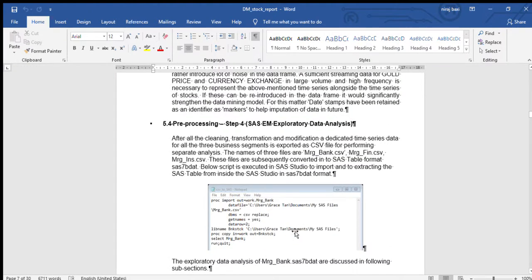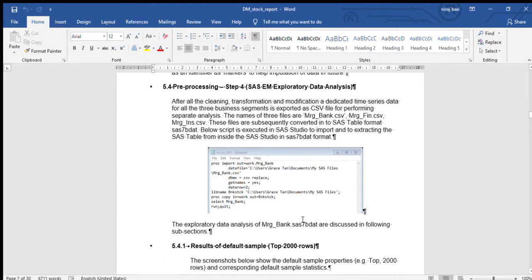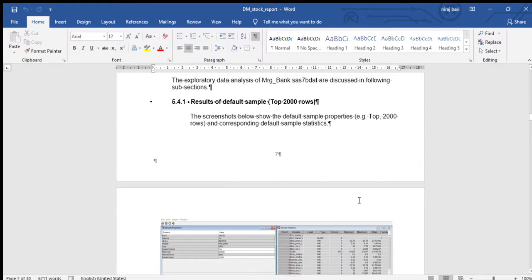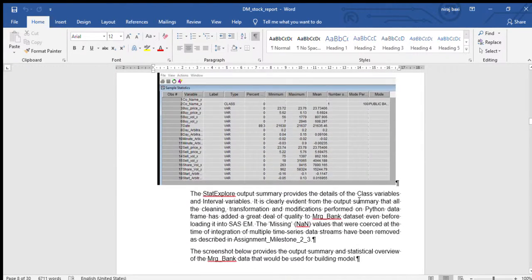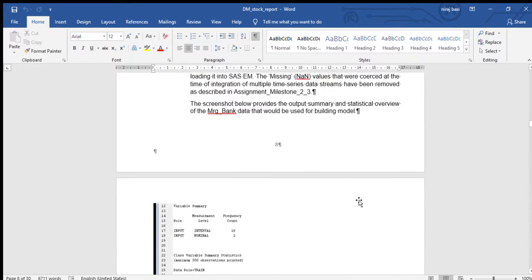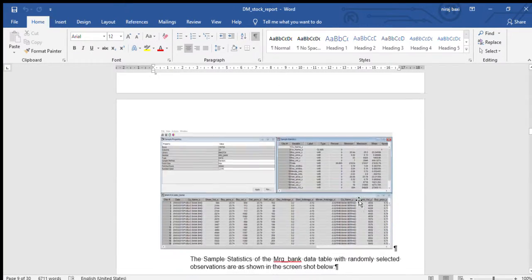That's what we did. After that, we moved on to step 4, which was loading it back and trying to see how the data looks. We used the same technique, using SAS Studio. Here is a small snippet of the code showing how it was done. We convert the data using SAS Studio into SAS 7BDAT format and load it, and then we perform some exploratory summary analysis, as you can see here, using the StatExplorer, to get a feel of the data.